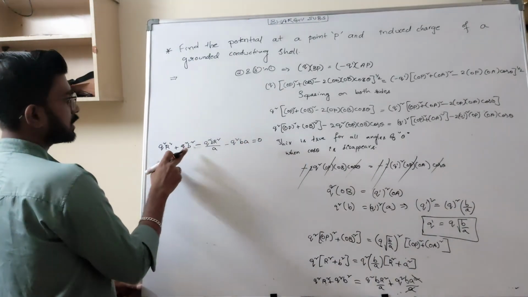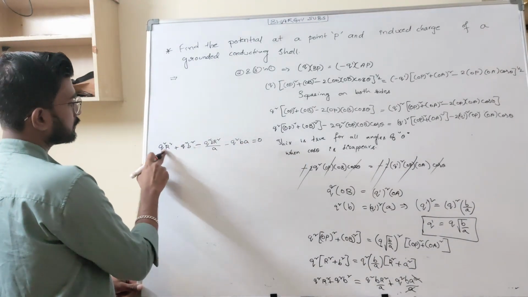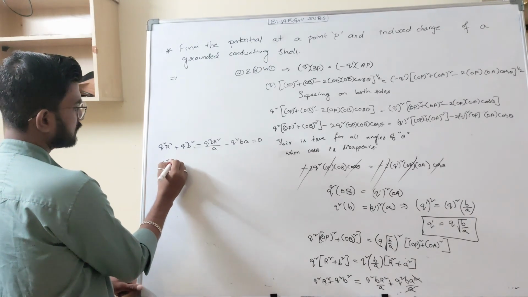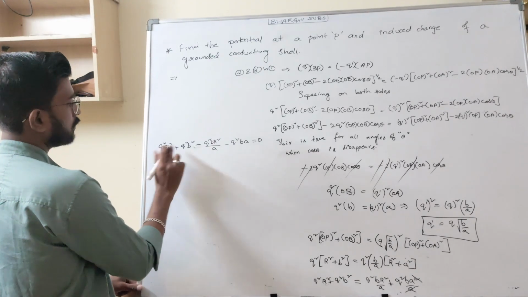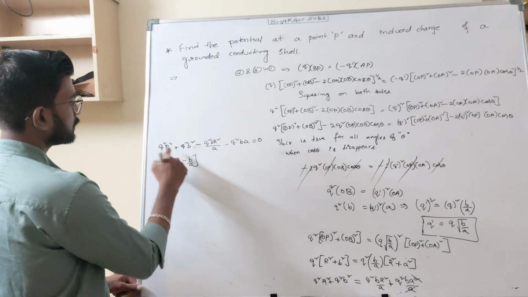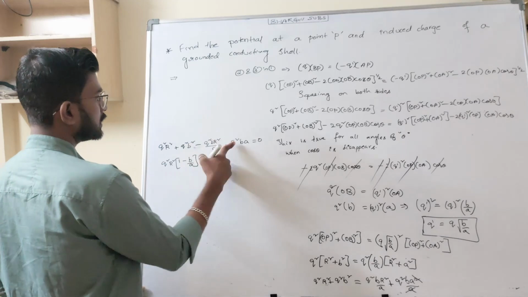Again I am taking common q square r square in these two terms. So what will I get? 1 minus b by a, and q square b is also common in these two terms.